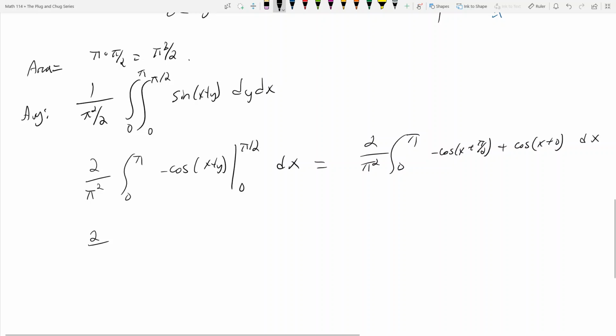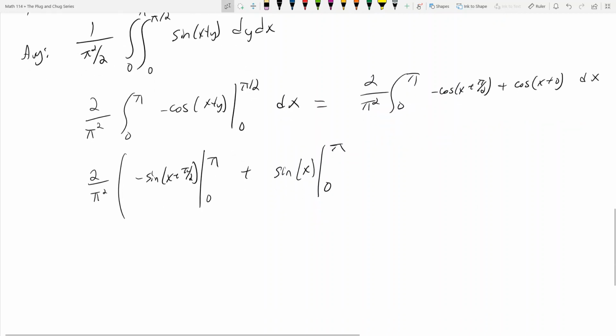And now we've got to integrate this guy again with respect to x. So now I get 2 over pi squared times, and then here you get negative sine of x plus pi over 2 evaluated from 0 to pi, and then you get plus sine of x, right? x plus 0 is just x, evaluated from 0 to pi.